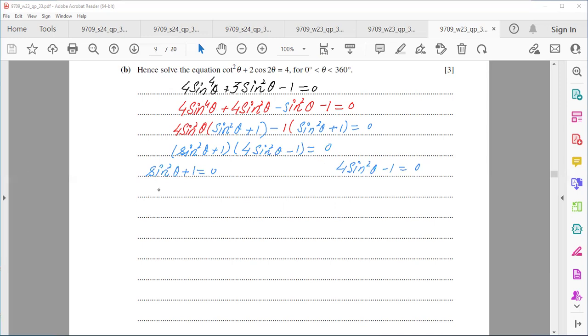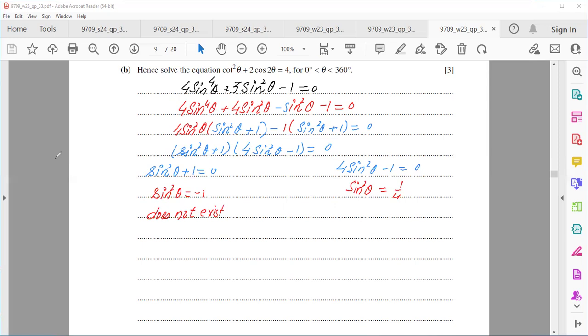In the first one, I have sine square of theta is equal to minus 1, and in the second, sine square of theta is equal to 1 by 4. The first solution does not exist because the square of any number is not negative.